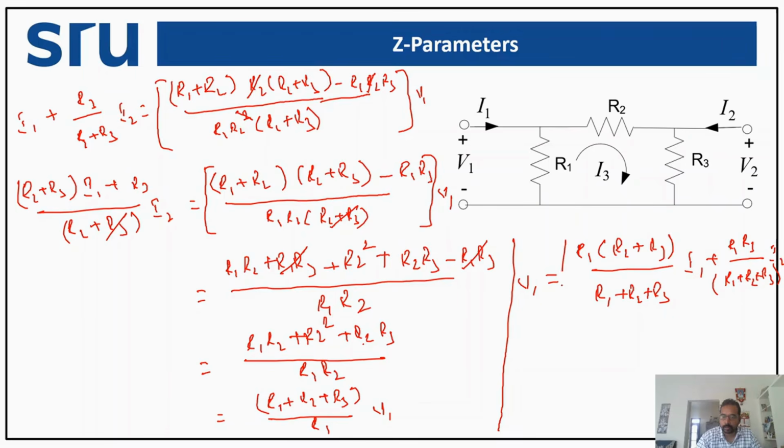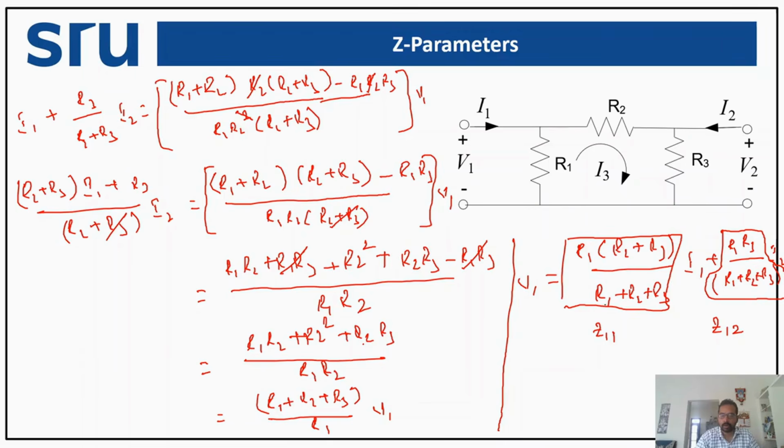So this becomes my Z11, and this particular term becomes my Z12. So my Z11 is equal to R1 into R2 plus R3 divided by R1 plus R2 plus R3, and we have Z12 equal to R1 R3 divided by R1 plus R2 plus R3.